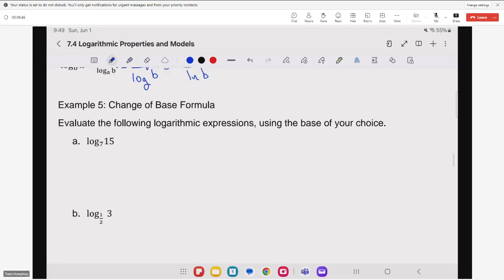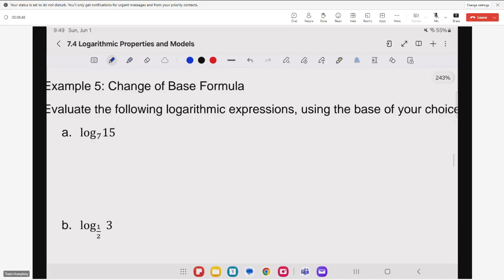So they want to evaluate log base 7 of 15. Now many of your calculators do non-common base logarithms, so you can just type that in your calculator. But if you have a more basic calculator, you'll need to use a change of base. So for this one, I'm going to use the natural log. So that's the ln of 15 divided by ln of 7. And use your calculator to give you an approximation.